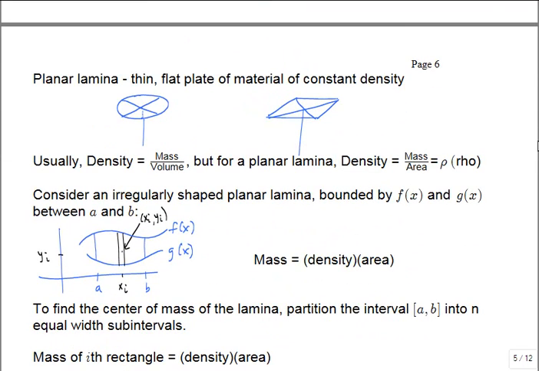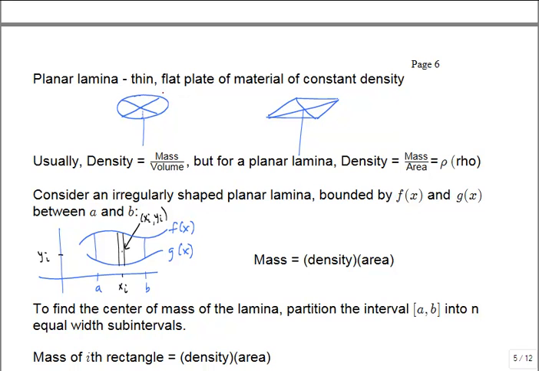All right, now we're going to make things a little bit more complicated. We're going to talk next about something called a planar lamina, which is a thin, flat plate of material of constant density. So imagine a really thin sheet of metal, for example. So here's a circular shape or a parallelogram type shape.